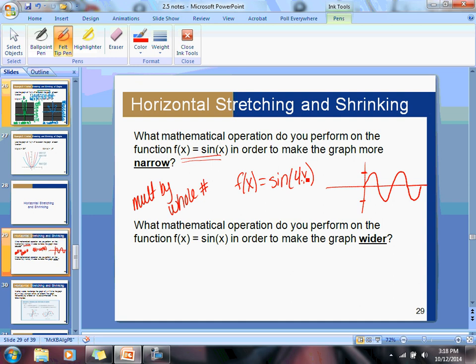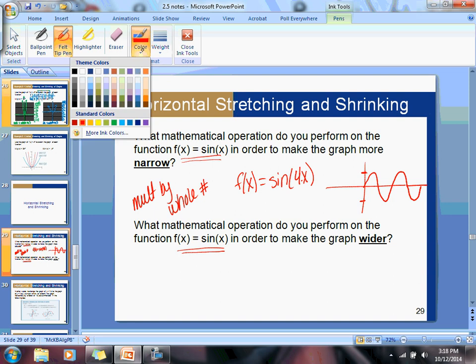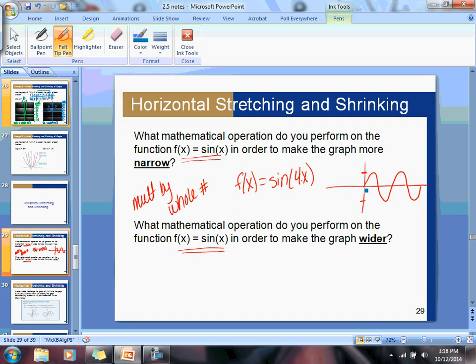And then conversely, what mathematical operation would you do to the function f of x equals sine x in order to make the graph wider, in order to stretch it out? So you'd want to take these ends of this curve and you would just want to pull so that the graph got much, much wider. So you'd kind of have a graph that maybe looked like this.